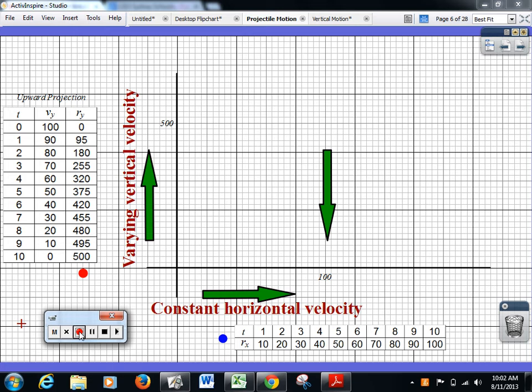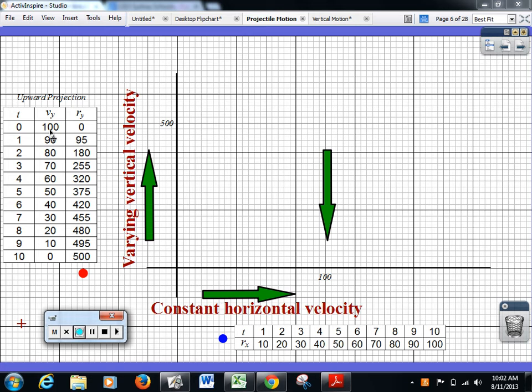On the screen at the moment, you have just some calculation using g as 10, that's minus 10 down. What would happen for 10 seconds if I just simply threw a ball upward? Sorry, it starts at 0 up here, and I'm throwing it up at 100 metres per second.